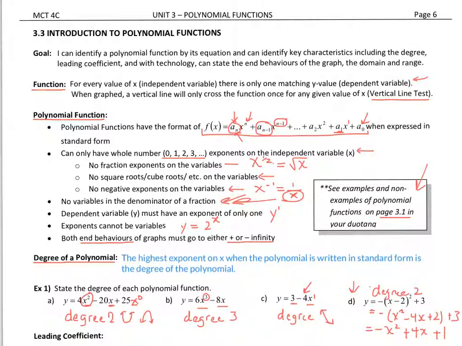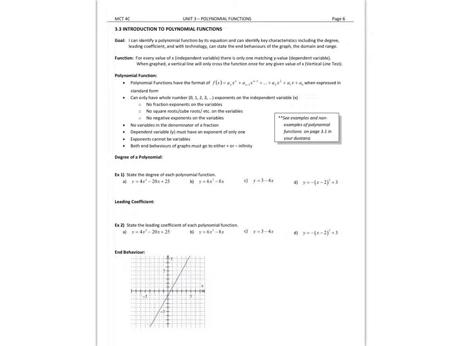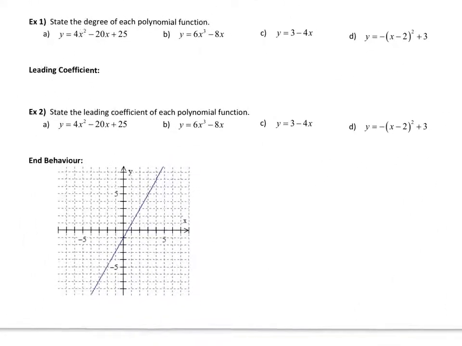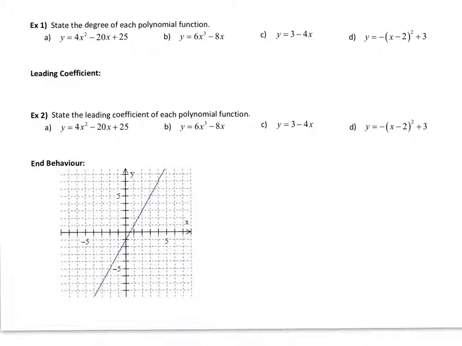All right, leading coefficient. When we write our polynomial in its standard form, let me just zoom in here. When we write it in its standard form, the leading coefficient is the coefficient or the number in front of that highest power of x.